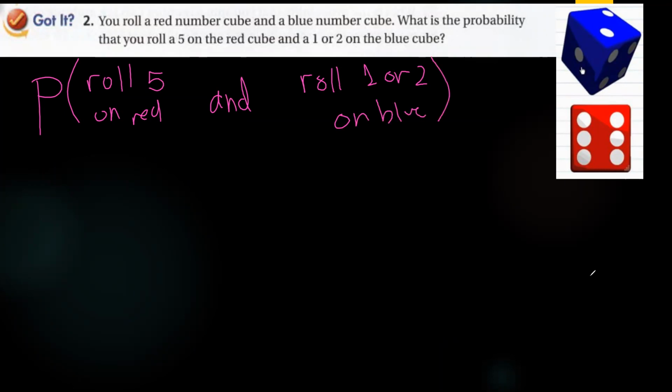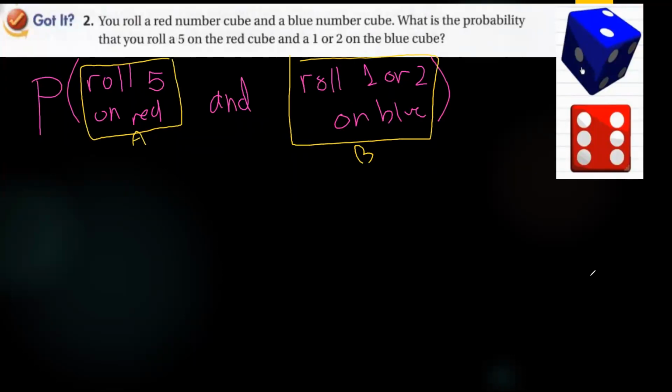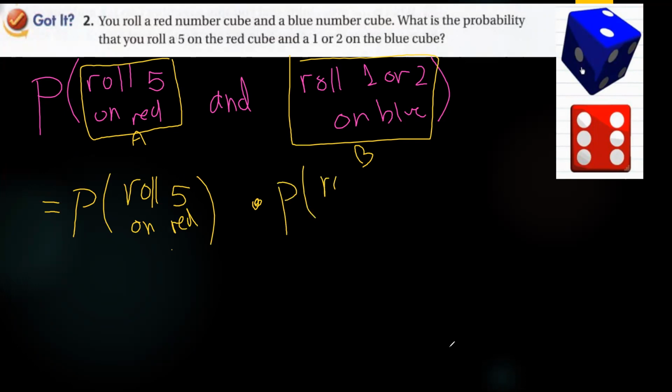This is an event A, and this is here an event B. So the answer will be the probability of roll 5 on red times probability of roll 1 or 2 on blue.